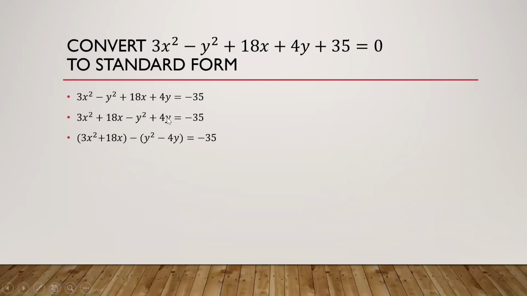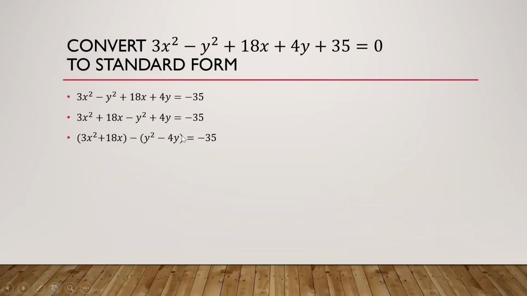And then, here, from being negative y squared plus 4y, it became positive y squared minus 4y because we factor out the negative sign.